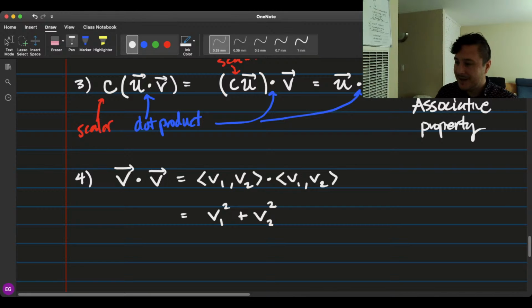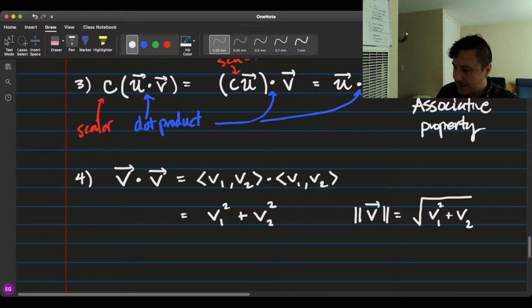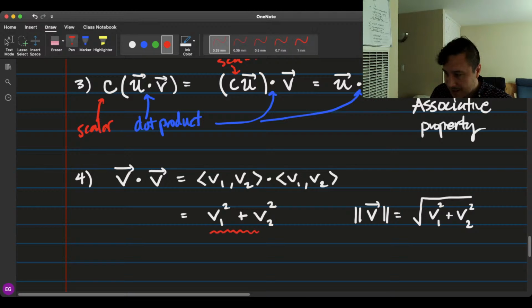And I'm going to write something on the side here. If you want the magnitude of v, what would you do? You would take the components, square them, and add them together. And then take the square root. And if you look, this matches the inside of the magnitude.